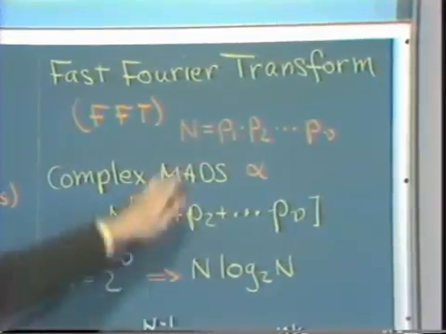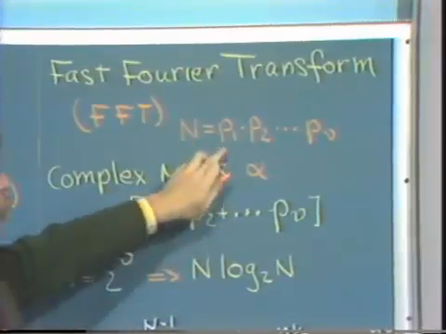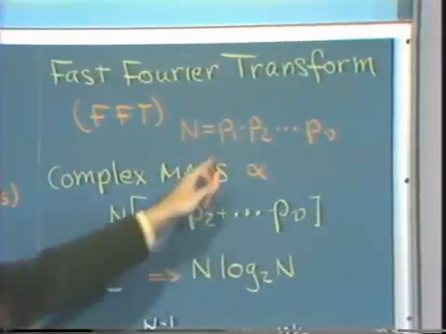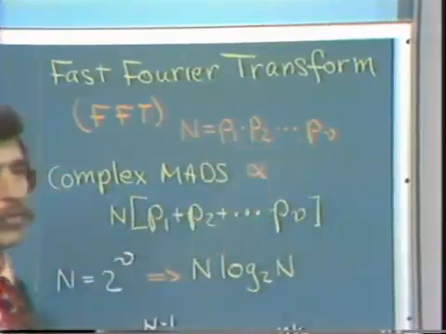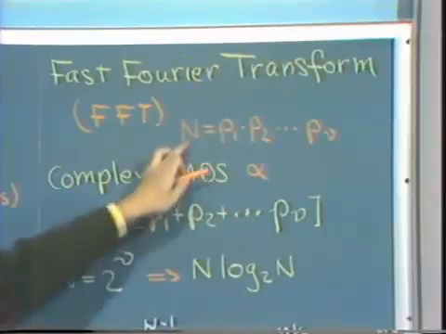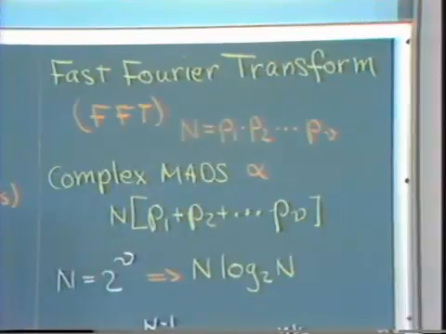That is, N is, in general, of course, any N can be represented as a product of primes. And as we'll see, the larger the number of primes involved in the decomposition of N, the greater the efficiency of the fast Fourier transform as an algorithm for computing the discrete Fourier transform.